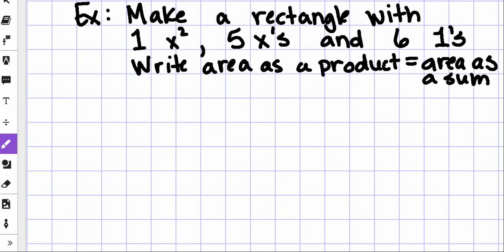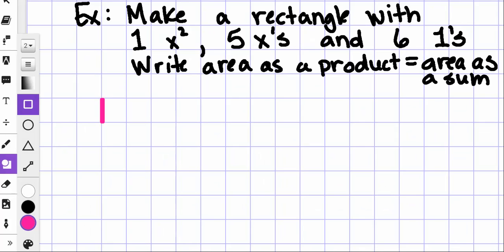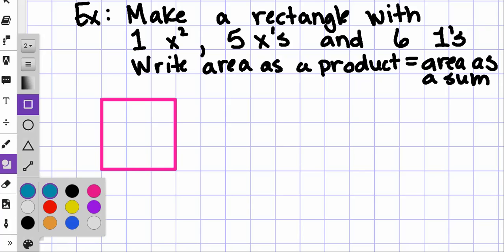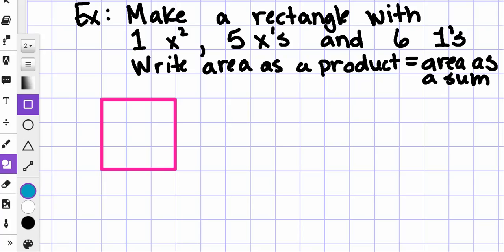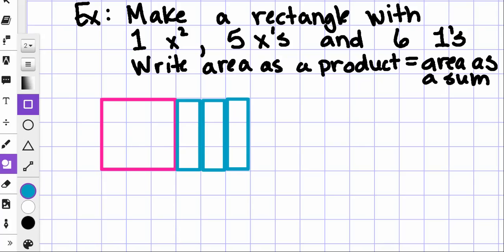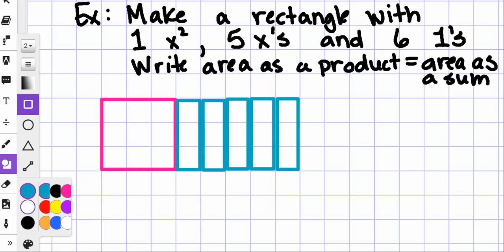So if I was doing this, what I'm going to do is I am going to have my x squared, okay, that I'm going to start with. And then my x's, I need 5 of them. Now, as I'm doing this, you might think, okay, let's just keep lining them up. Okay, so right now I've got 5 of them. The problem is I also have these little ones, okay?